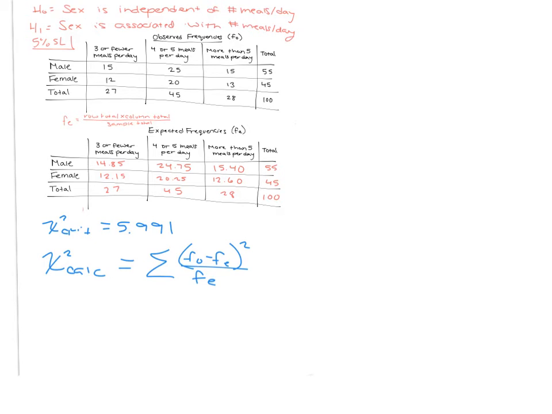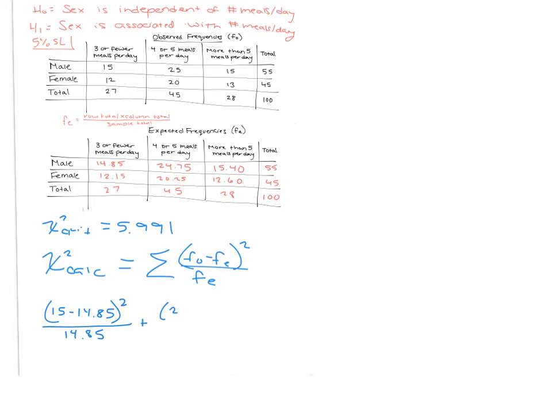So what is our first observed value? Our first observed value is 15, and our first expected value is 14.85. We're going to find that difference, square it, and then divide by that expected value.